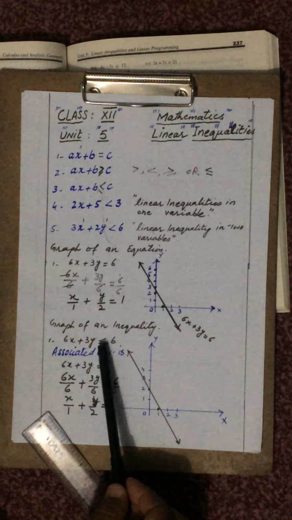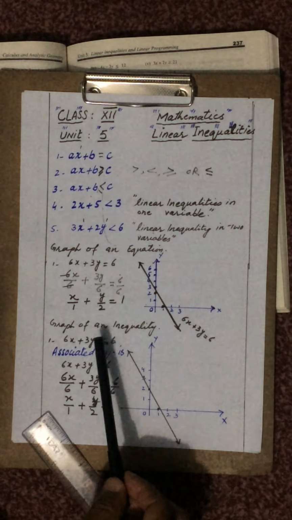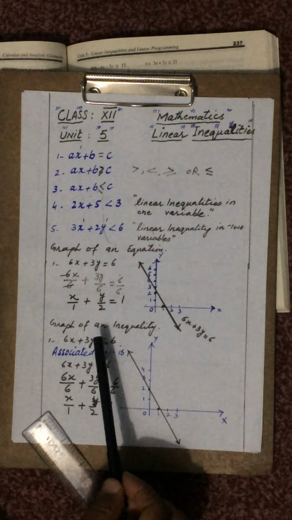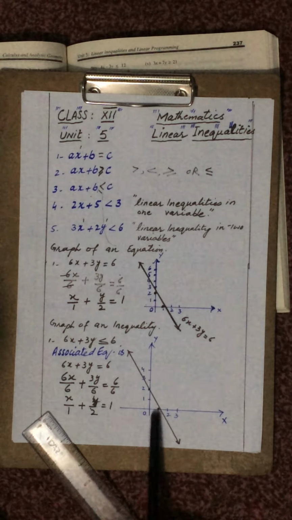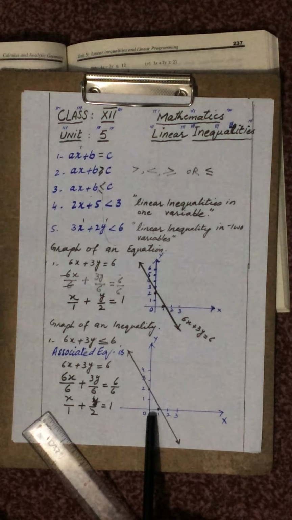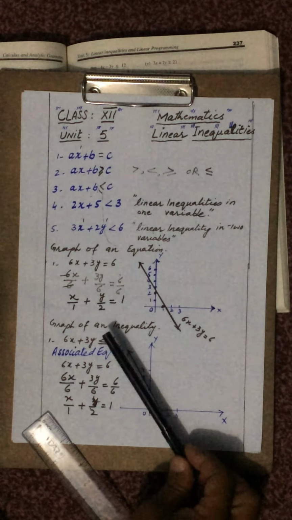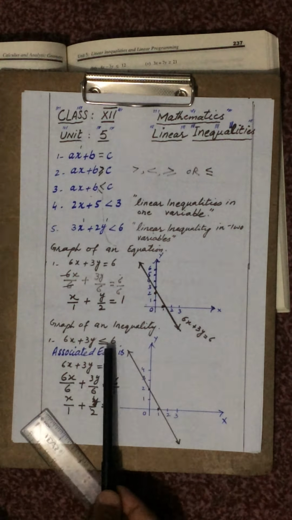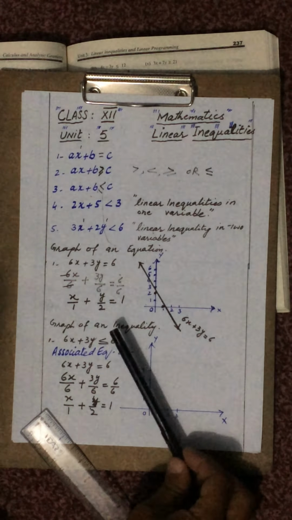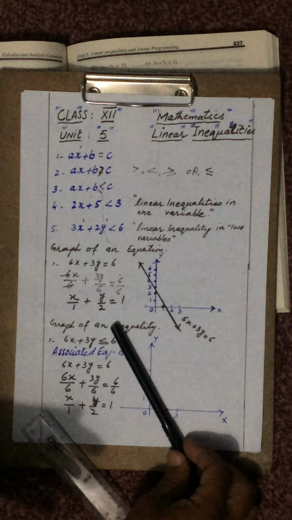If there is a less than sign, 6x plus 3y is less than or equal to 6, then it is always the origin side. There is the origin, 0 is the origin of this plane. So this is the graph of the inequality. If there is a greater than sign, then the graph must be the other side of the origin.